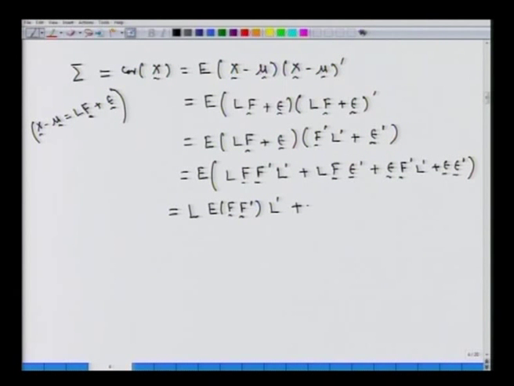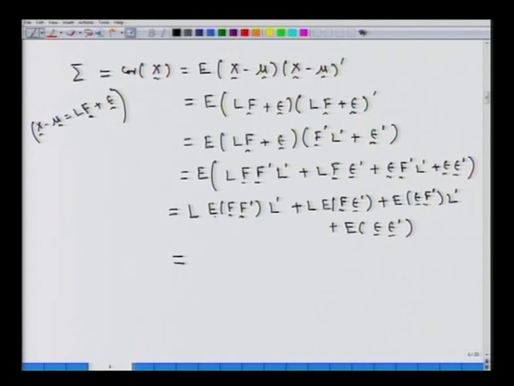A similar argument applied to the second, third and fourth terms leads us to the following observation: this is the expectation of F epsilon transpose plus the expectation of epsilon F transpose times L transpose, and the last term is the expectation of epsilon epsilon transpose. So, what is this first term equal to?